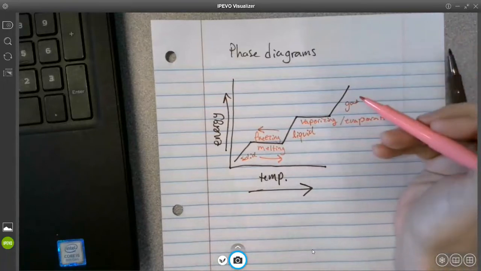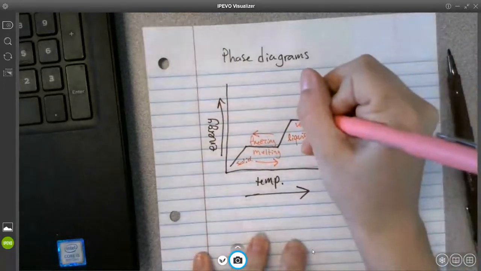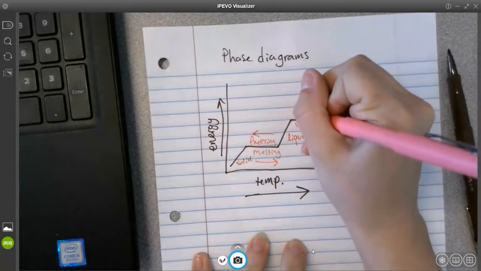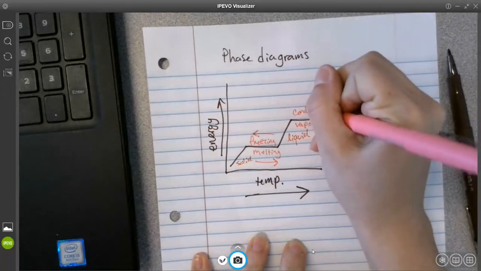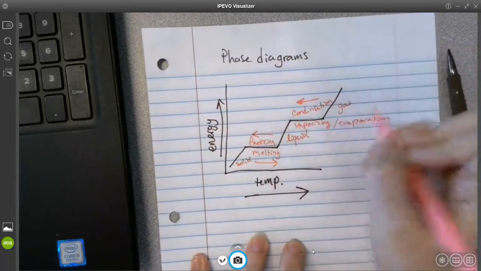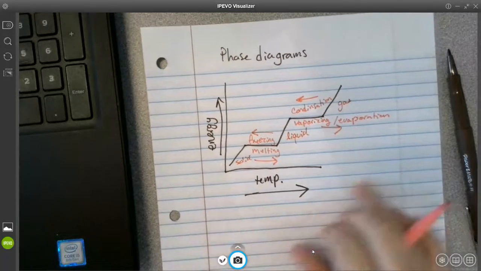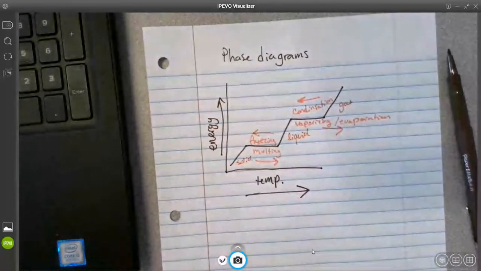If we're going from a gas to a liquid, they call this condensation. So these are the phases that we are, or should have at least, seen previous. If not, that's exactly what we're doing today. We're going to be reviewing these phase diagrams.